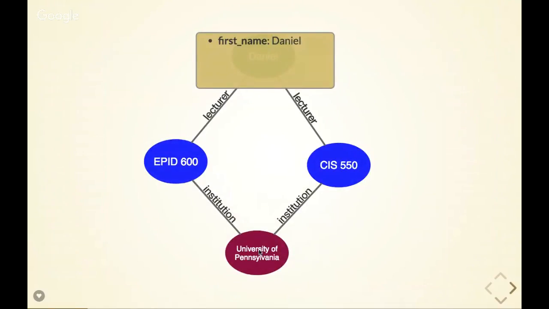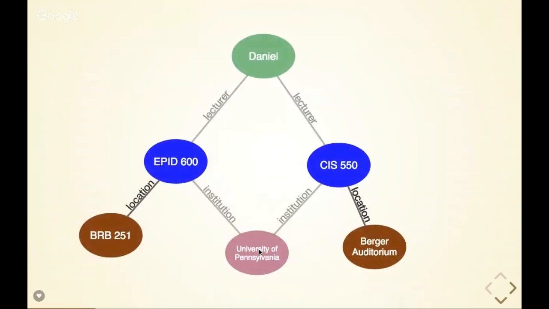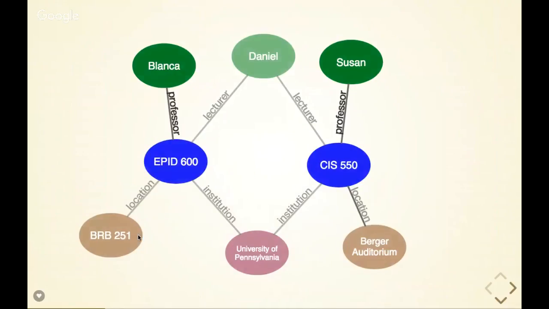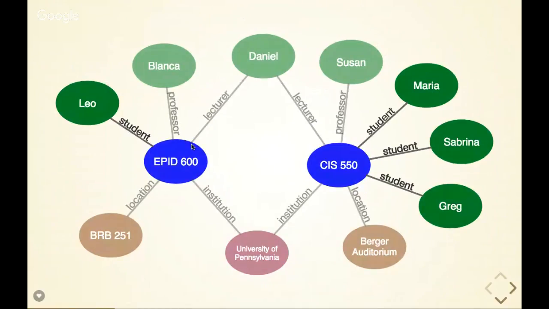So as you know, you can have properties on the nodes. You can have other types of nodes like locations, and you can even have multiple types of relationships between the same types of nodes. So for example, you could have a professor of a course or a guest lecturer, or even students.